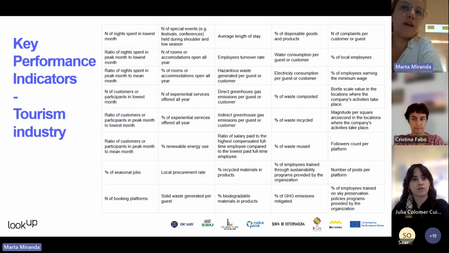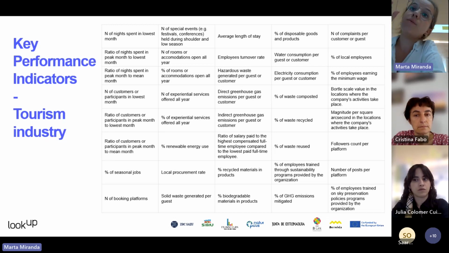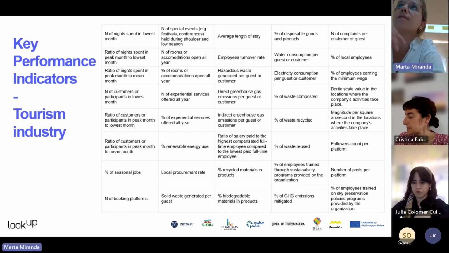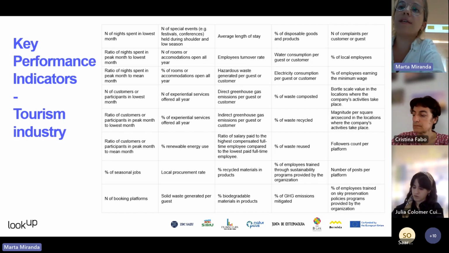There are a lot of key performance indicators. We selected some related to the tourism industry. Here you can see, I don't know, maybe like 40 KPIs related to the tourism industry, and not only related to business performance, but also related to sustainability and digitalization, as you can see here.